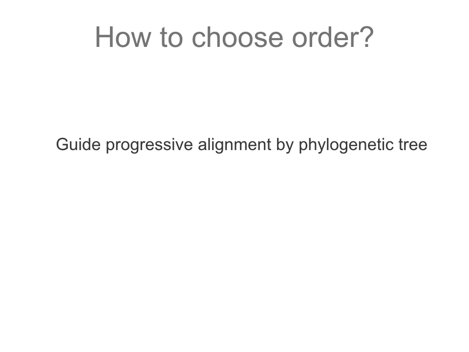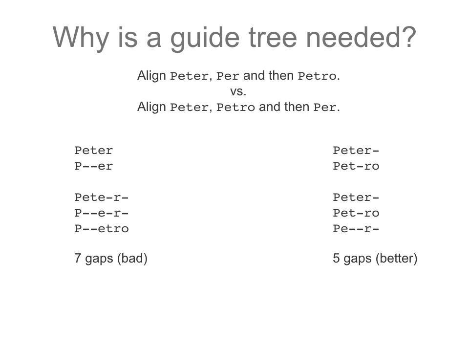But first let me give you an example. Why is a guide tree needed? We want to align Peter, Per, and Petro, and alternatively, we change the order and we align Peter, Petro, and Per. Now let's consider first that Peter and Per get aligned.